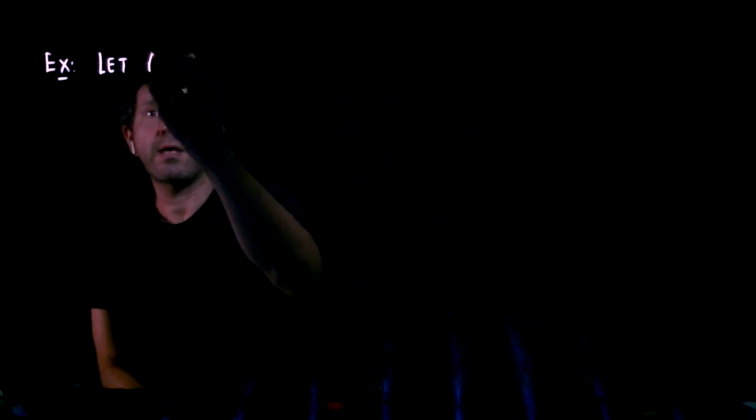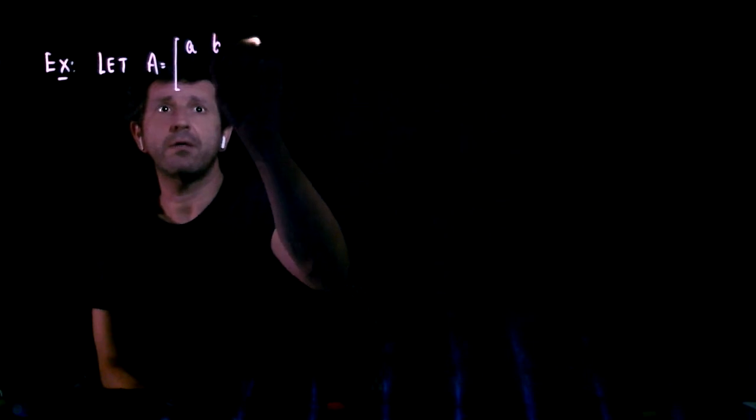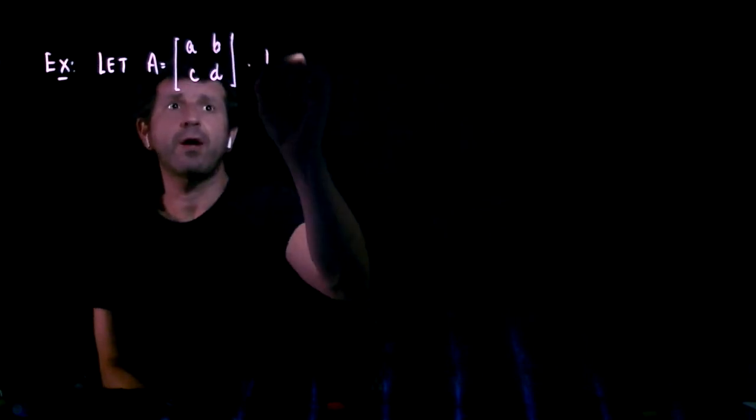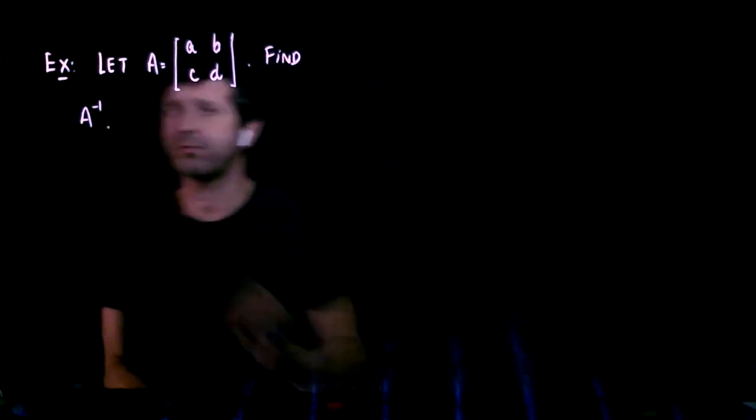Let's now try to find the inverse of any 2 by 2 matrix. Okay, in general. Let's try to find a general formula for this. So, example: let A equal the matrix, in general, a, b, c, d. Find the inverse of A. So A inverse.